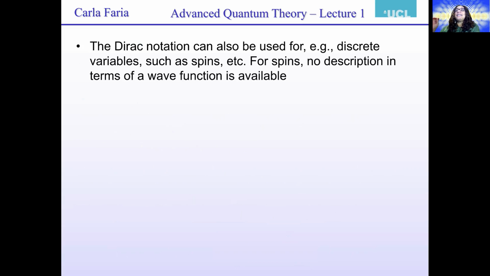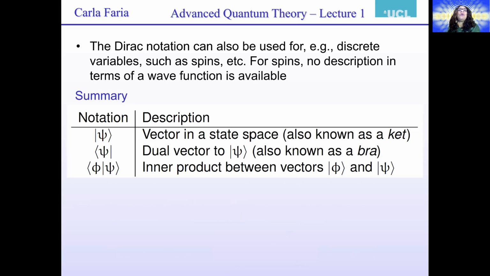And the Dirac notation is not only general for this basis where you have the wave functions, but it can also be used for discrete variables, in which case you wouldn't be able to describe your system as a wave function. So just to summarize, the notation that we have is this ket psi, which is a vector in the state space.